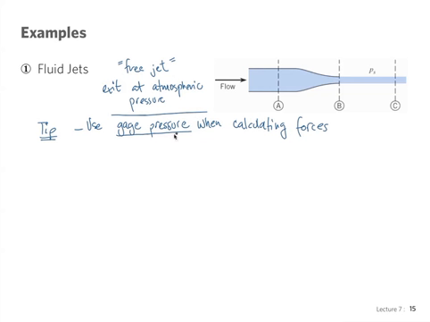And so then at the free jet, the pressure at B is equal to the pressure at C, and is equal to 0 gauge. So that's our tip number 1. Tip number 2 is we can usually assume that the velocity is uniform across any cross section.